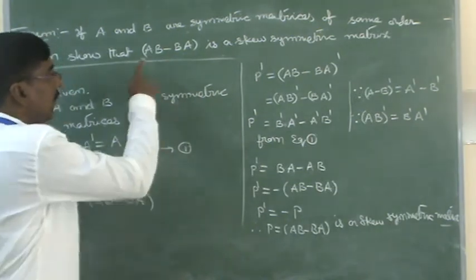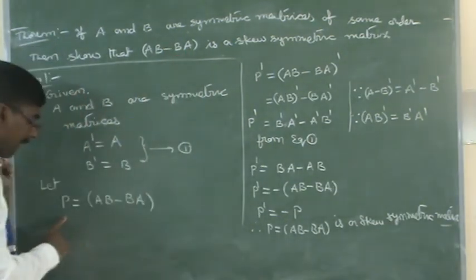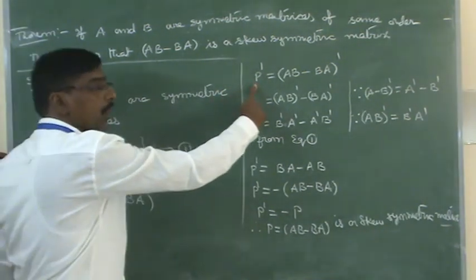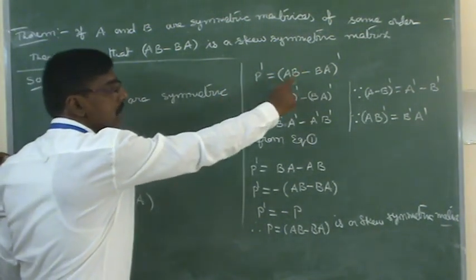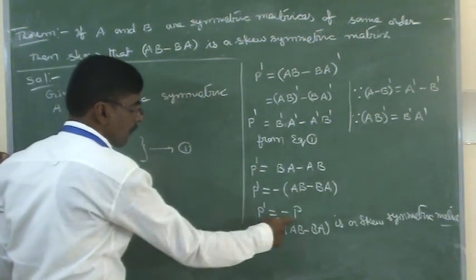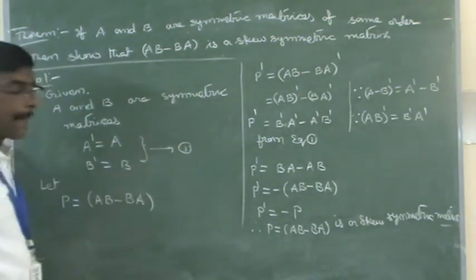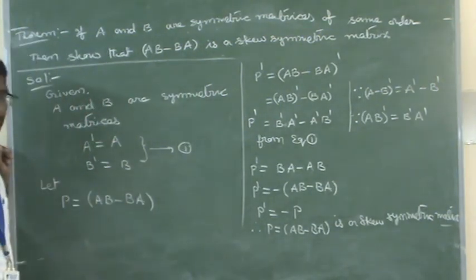You need to understand. AB minus BA is one matrix P. We take the transpose of this matrix, and we get P transpose equal to minus P. Immediately we know that P is a skew symmetric matrix. That is our important theorem.